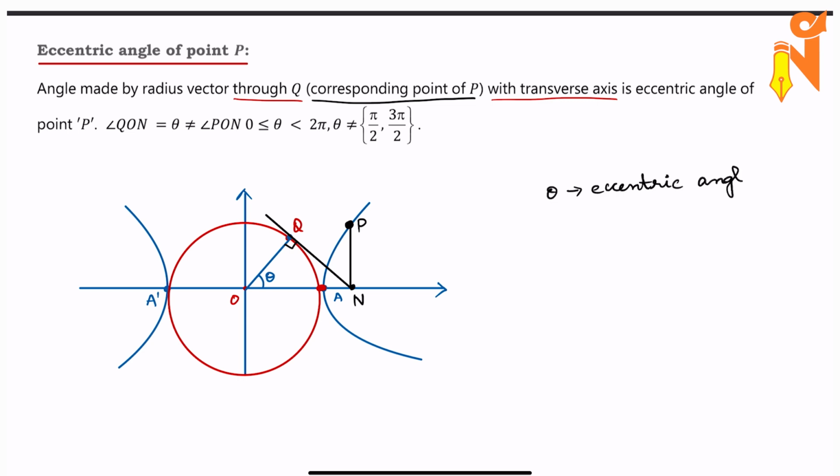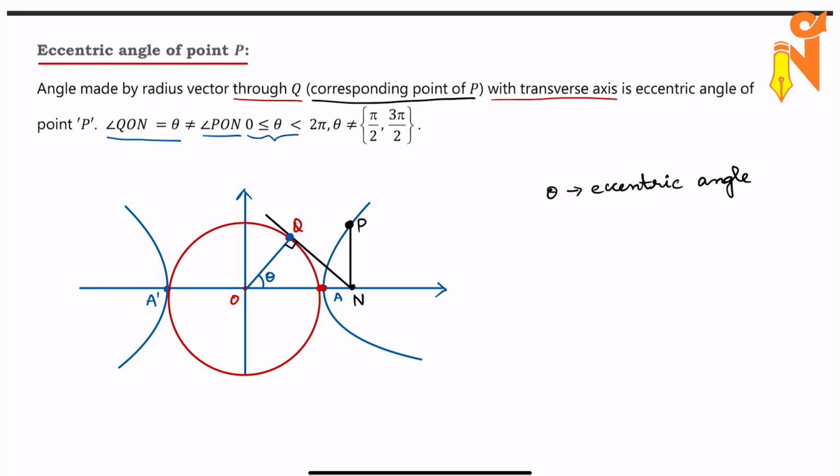One thing you have to be very careful about: this theta is not made with respect to the point P. It is made with respect to point Q, which is on the auxiliary circle. That is what they have mentioned here: angle QON is theta, not PON.